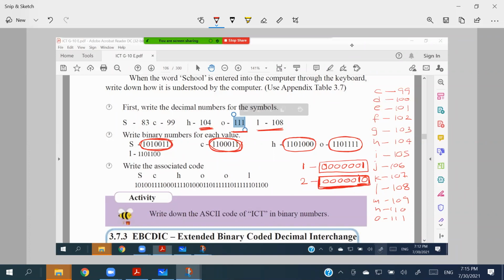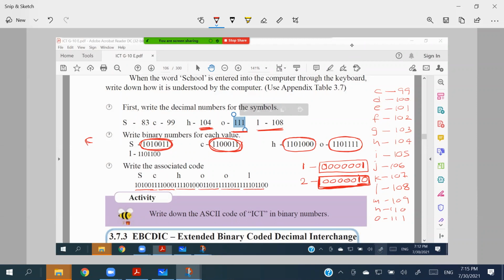Here they have written the S in binary, and again C in binary, and H in binary, O in binary, and another O in binary, and finally the L in binary, right? But you won't be getting big words like this for your examination.